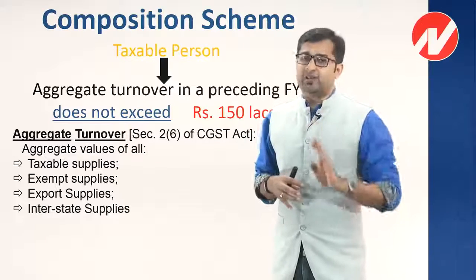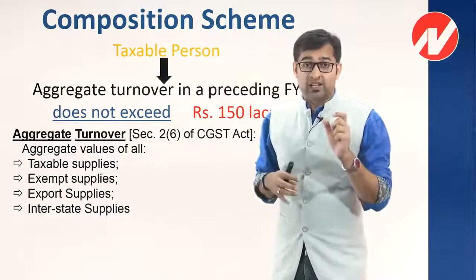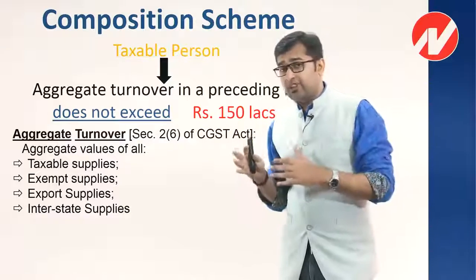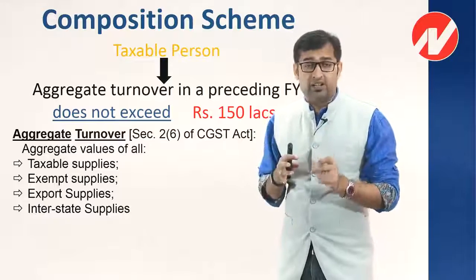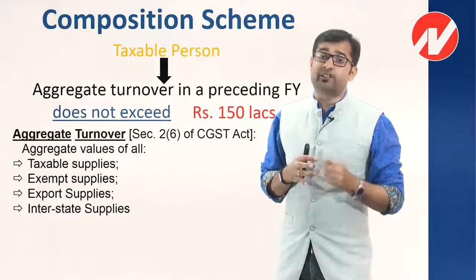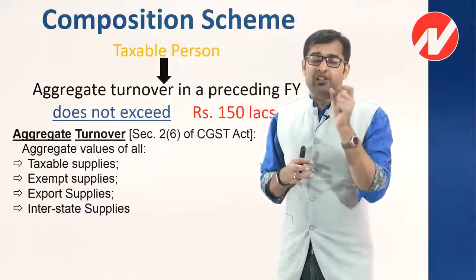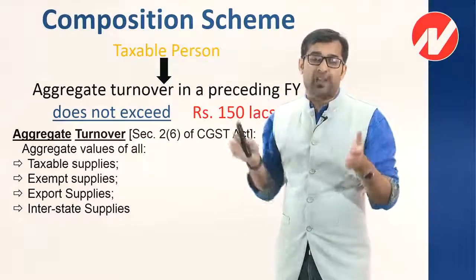So still I am eligible for composition scheme, but my concern is whether Gujarat's turnover should be considered independently, whether Maharashtra's turnover should be considered independently. How do you consider the turnover when you have two separate states?